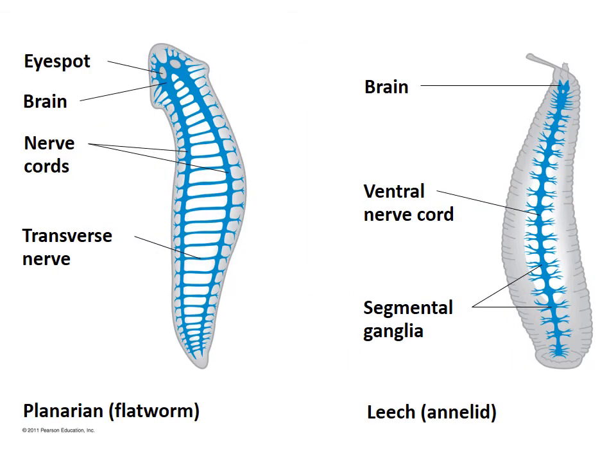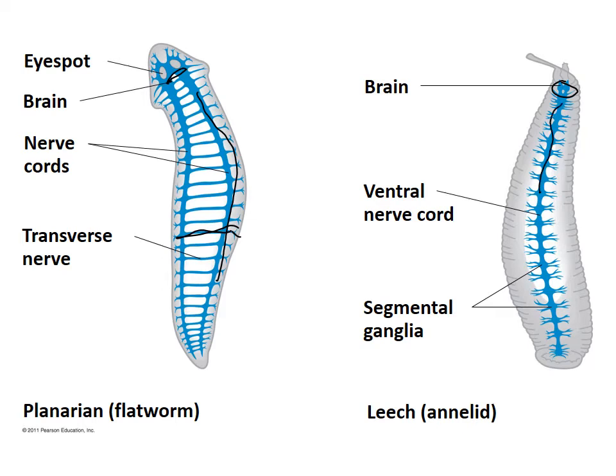And here is a picture showing you a planarian. Notice here he has a very primitive brain. He does have nerve cords, and then there are nerves coming off of it. So 2 nerve cords. And then we have an annelid like a leech. He too has a very small brain, but now he doesn't have 2 nerve cords, and he actually just has the 1.